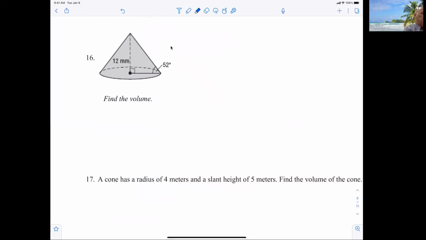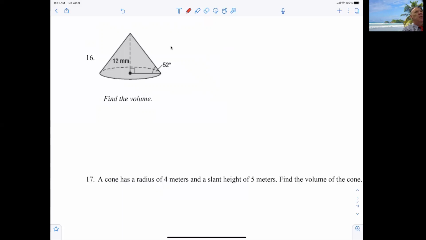All right. So 16, we have to figure out what the radius is. And how do I figure out what the radius is? Okay.